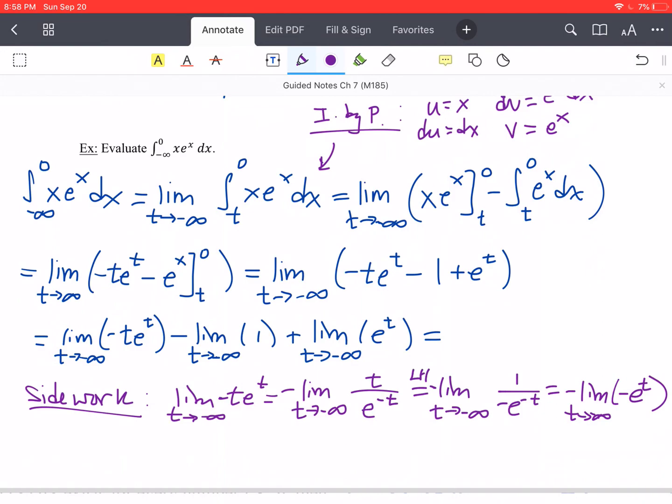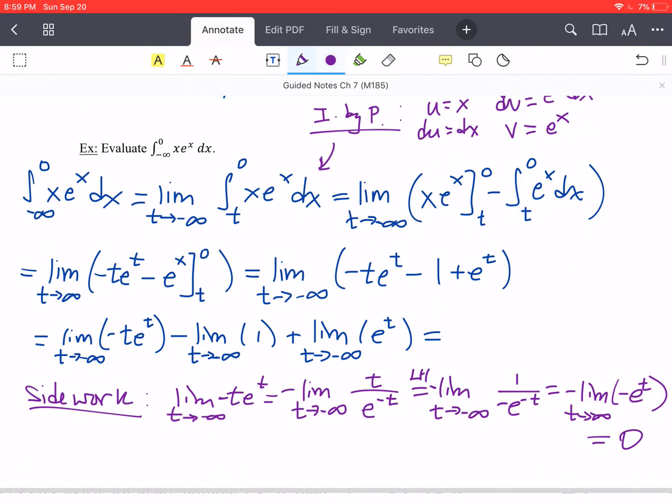So essentially what L'Hopital's allowed us to do was get rid of that t, that numerator, that was giving us the indeterminate form, because now as t goes to negative infinity, e to the t gets closer and closer to 0, because you basically have 1 over e to a really large number. So the value of that limit is 0.